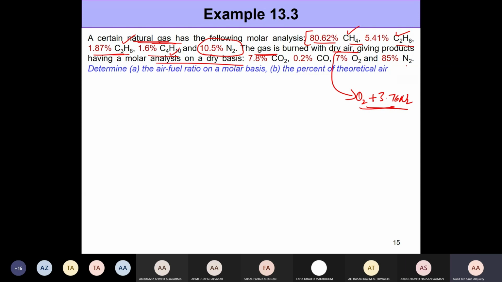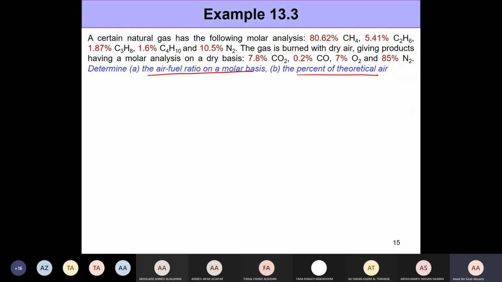When you burn this natural gas with dry air, you get the products whose molar analysis on a dry basis gives you CO2, CO, oxygen, and N2. In this case, we need to calculate the air-fuel ratio on a molar basis and the percentage of theoretical air based on the information that's provided to us.